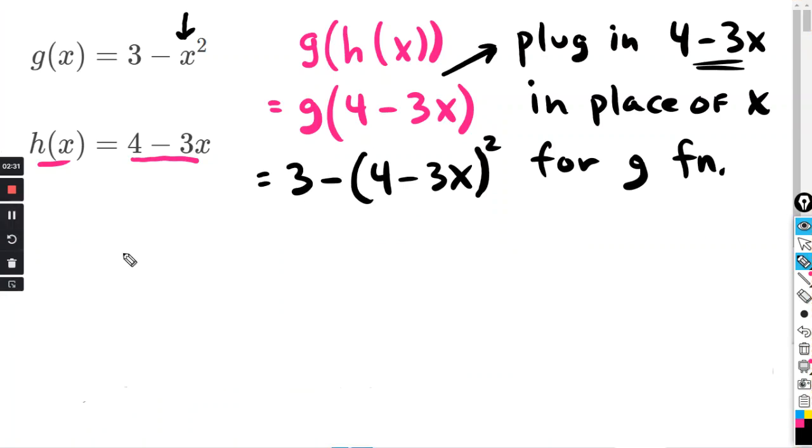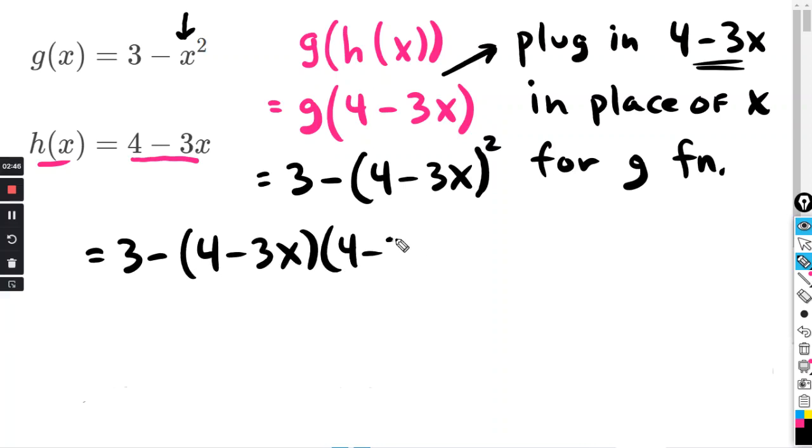All right, so just rewriting, I gave myself more room. We have the 3 minus, and I'm just going to write 4 minus 3x twice because it's squared. And now we can use FOIL.